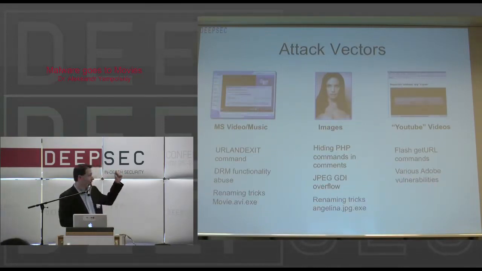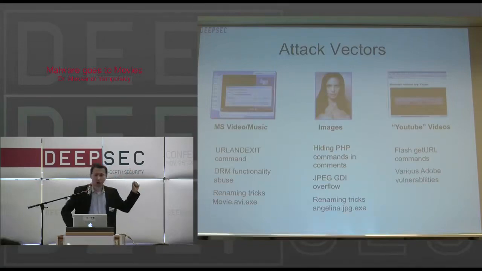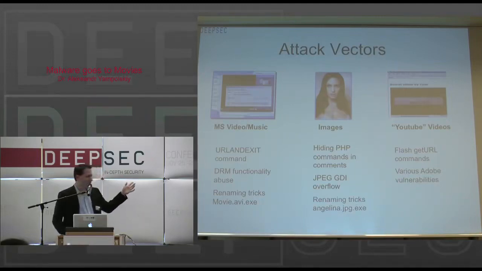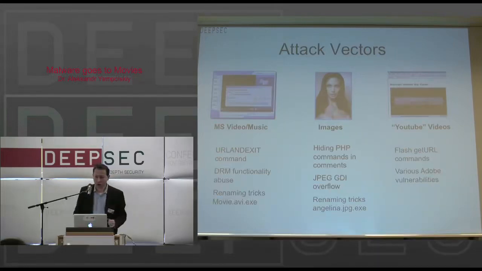So in the case of Microsoft video and music, typically one of 2 things is used. I'm going to describe it in more detail. But typically they use a URL and exit script injection command, or they abuse the DRM digital rights management functionality which is present in Microsoft video and music files. They also do renaming tricks like rename movie.avi to movie.avi.exe, or rename an image to angelina.jpeg.exe, but that's not a particularly interesting way of attacking, so we're not going to discuss that.